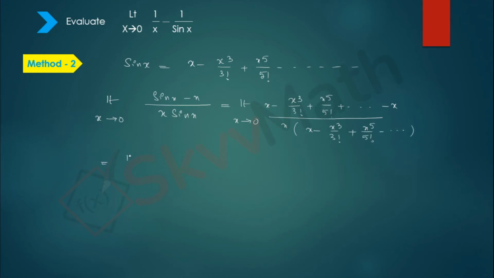Now you see in the numerator x and minus x cancel. After that I'll take the common term, so let me write first, then next step I'll take the common term.